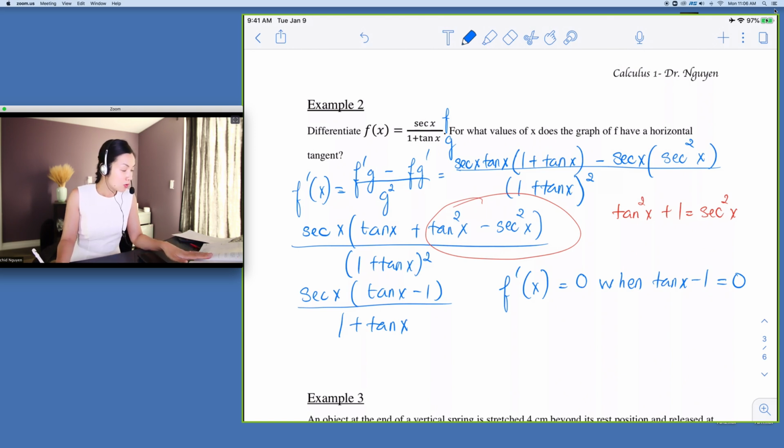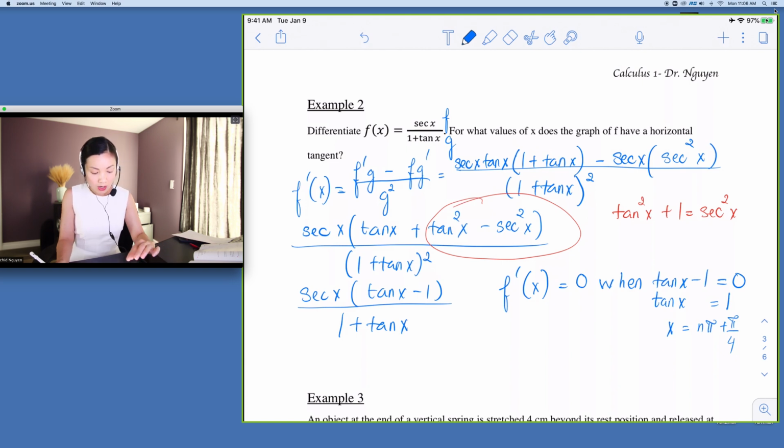From there, you can solve it. Tangent of x equals 1. So what happens when you solve for x? x is going to be n pi plus pi over 4. That's when we have tangent of x equals 1.